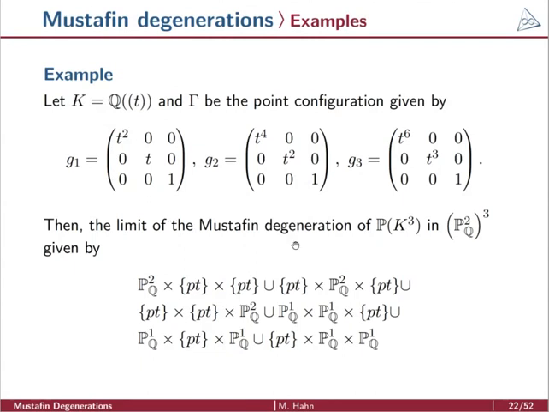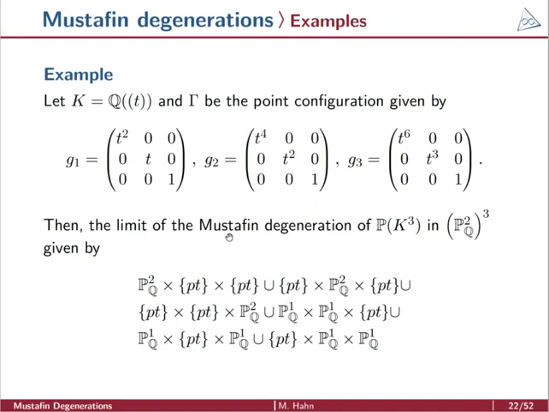On the other hand, the limit of the Mustafin degeneration of the projective space in the projective space over Q to the 2 to the 3 is the union of 3 P2s and 3 P1s times P1s. So here we really see a difference. The computation of this is of course done in computer algebra systems.